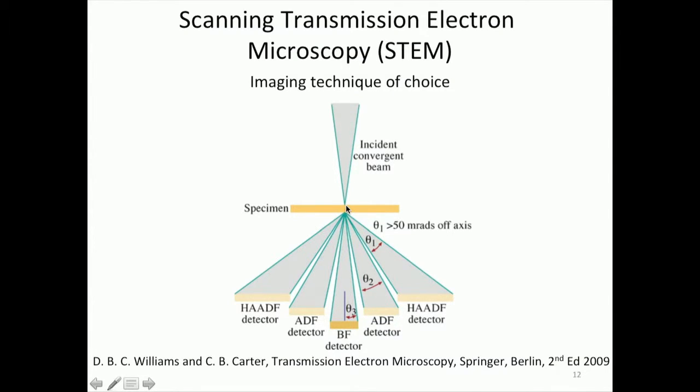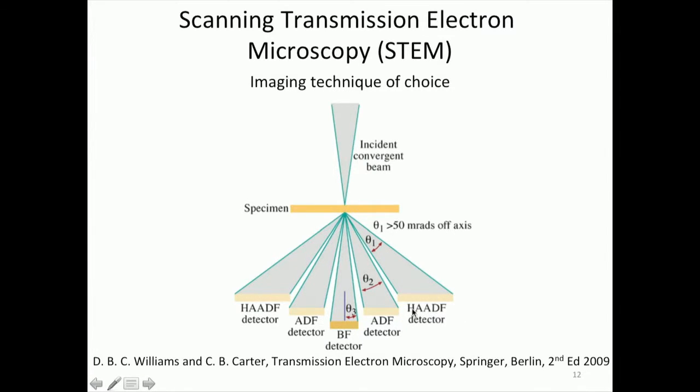then the electron can go through without scattering or with small angle scattering, and the electron could suffer elastic high-angle scattering over here, which is around the angle theta 1. And if you collect the signal from this high-angle elastic scattering, you can use the high-angle annular dark field detector, and you can get quite high-resolution images.